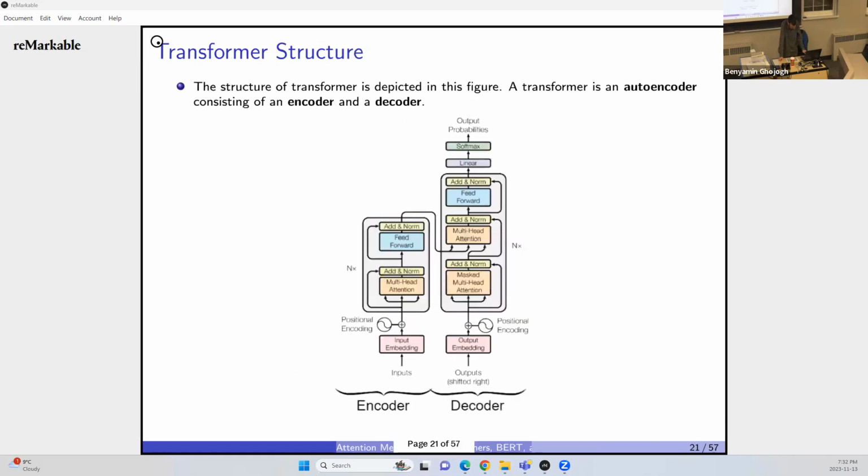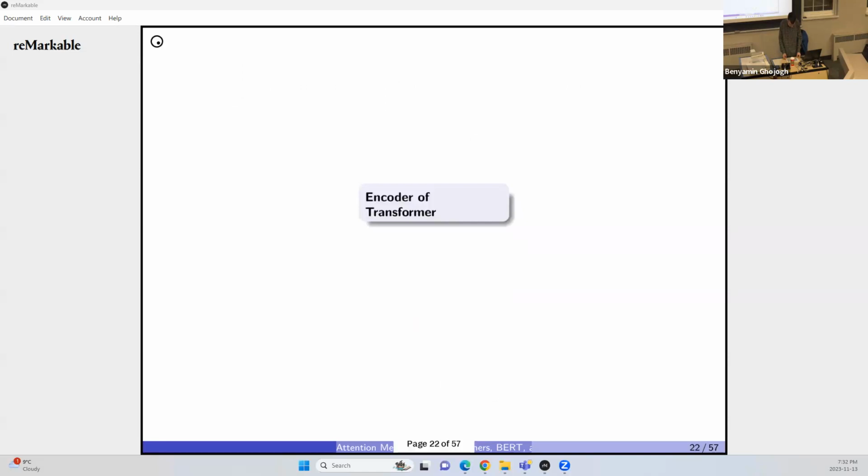So the structure of transformer is illustrated here, as you see. A transformer is an autoencoder which has encoder and decoder. Okay, but let's go into the depth of these things and explain in detail what the encoder and decoder of transformer are. So first, the encoder of transformer.